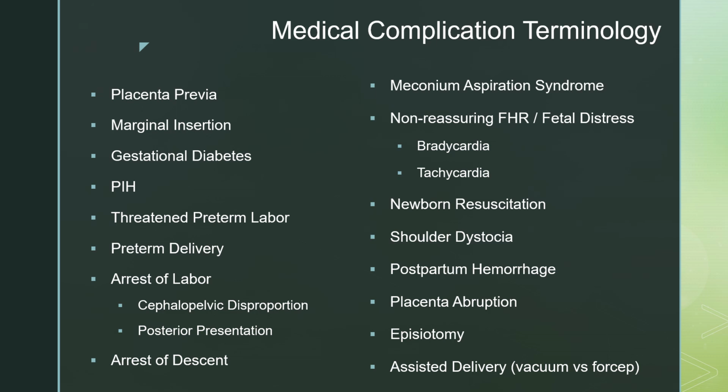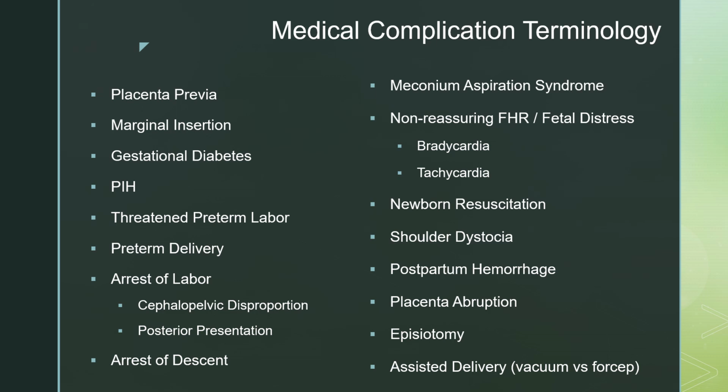So medical complications: this is more about if there's something prenatally or during birth, if there are concerns that arise. It's helpful for the care team to understand what they mean, especially in situations where minutes matter during the birth, like newborn resuscitation, shoulder dystocia, postpartum hemorrhage, and non-reassuring heart tones.